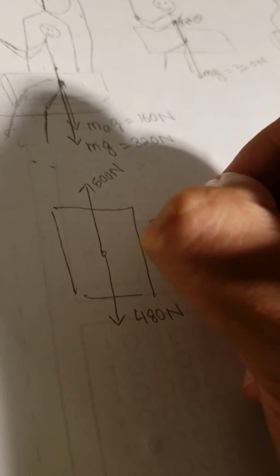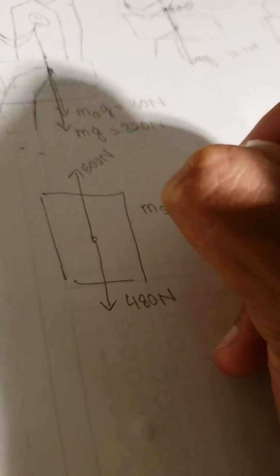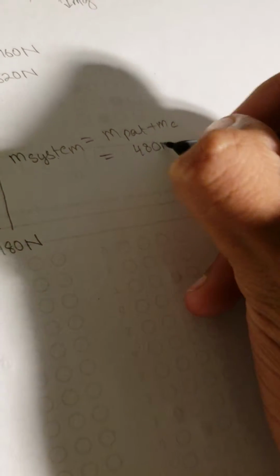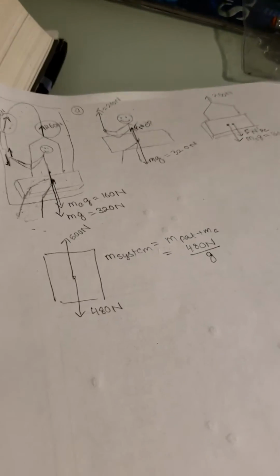For the mass of the system, we simply add up the masses of Pat and the chair. So mass Pat plus mass chair is simply equal to 480 newtons over g. Now we can use Newton's second law and sum of the forces in the y direction.